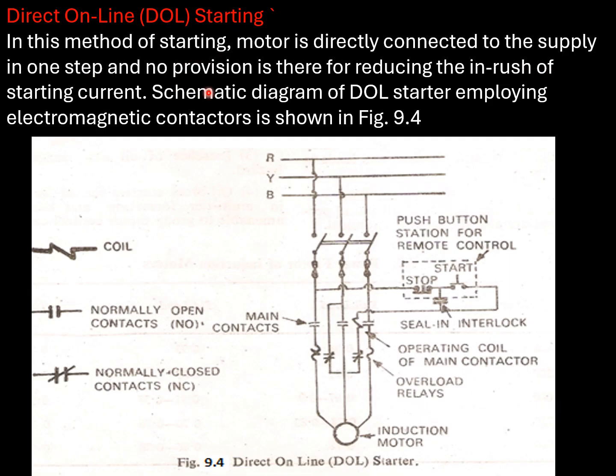The schematic diagram of direct online starter employing electromagnetic contactor is shown in figure below. Now these are the line current and this is the motor which by simply pushing up a switch comes in contact with the line and delivers the output.